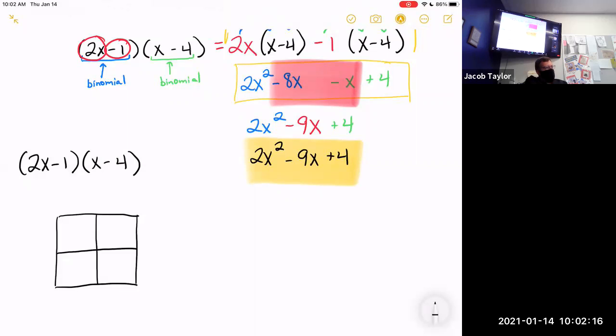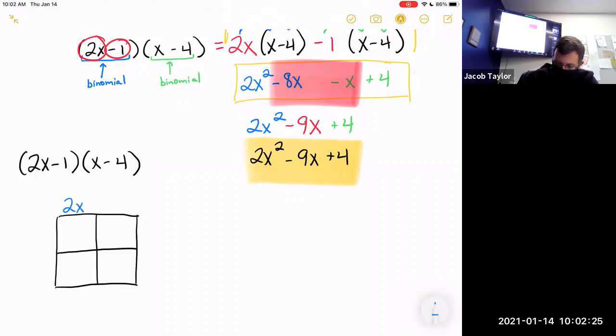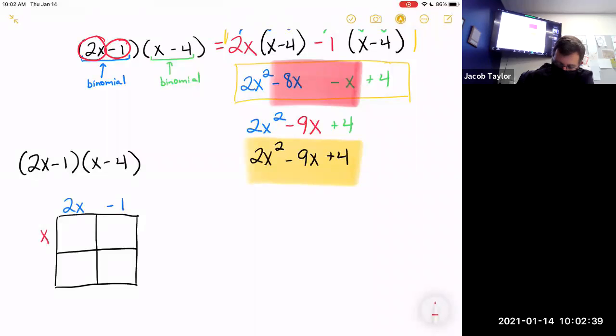My first binomial is 2x minus 1. So across the top of this square that I drew, those two spots at the top, I'm going to put the 2x minus 1. The second binomial that I have, x minus 4, is going to be written along the left side.